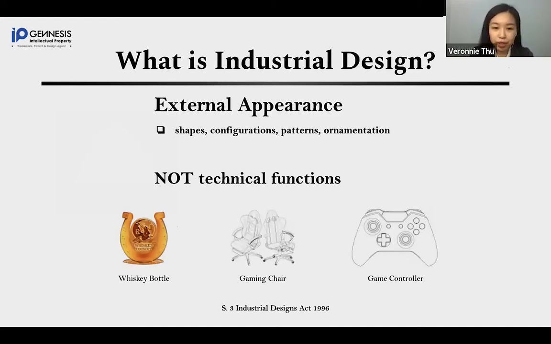Unlike patents, which we discussed just now, industrial design does not protect the technical functions or the technical features of the product. So it only protects the unique outer appearance. For example, the shape of this whiskey bottle, the design of a gaming chair, controller, and so on.